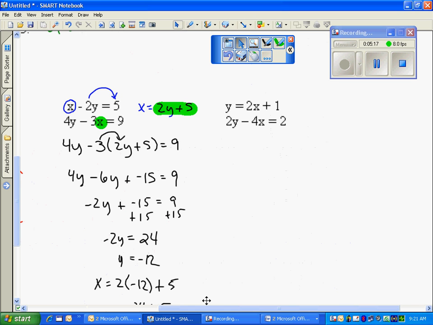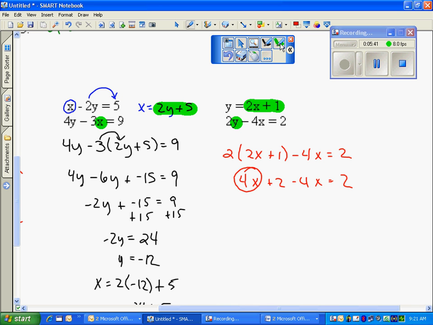The last equation, again, it's nice for substitution. I don't have to do any extra work. Y is solved for, so I'm going to take this expression and substitute in for y. 2 times my y, which now becomes 2x plus 1, minus 4x equals 2. Distributing, combining my like terms, I get 0. 2 is equal to 2 because my variables disappeared.